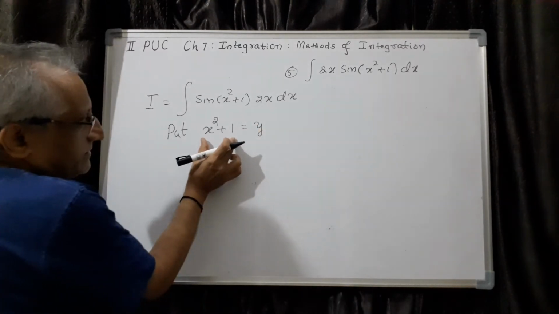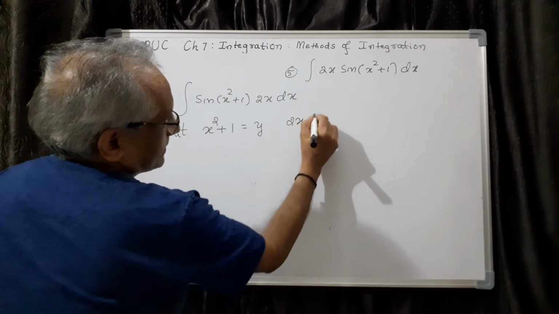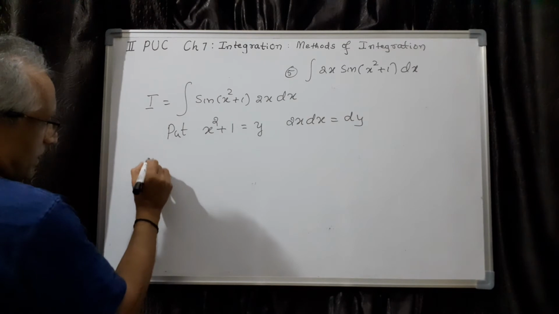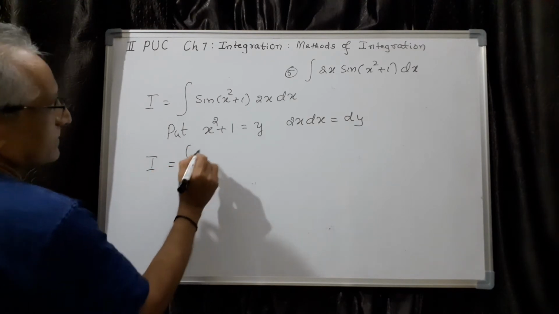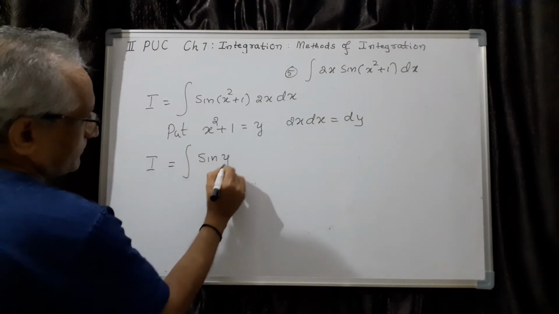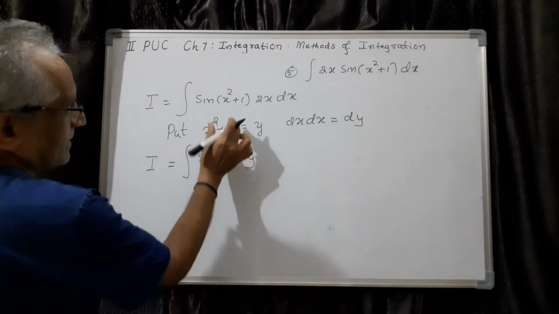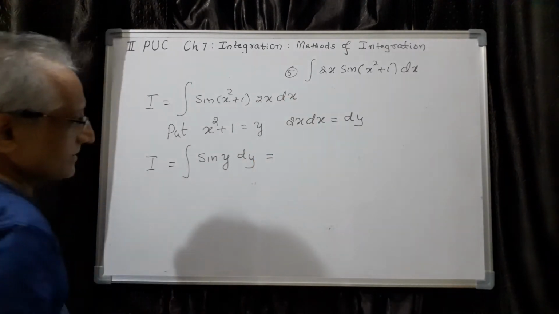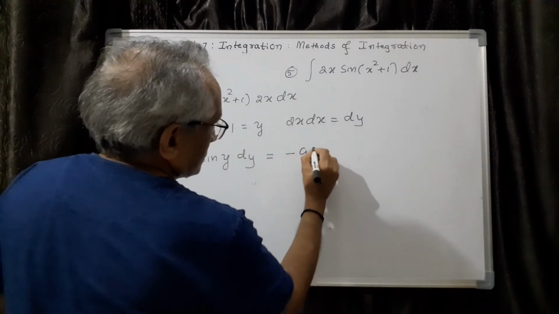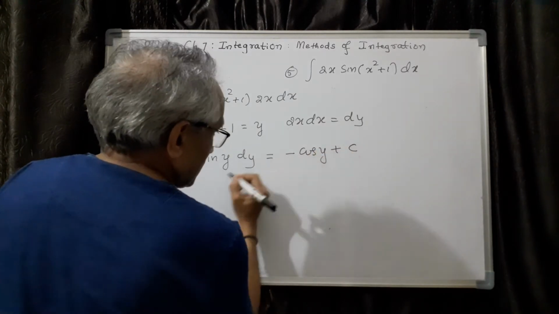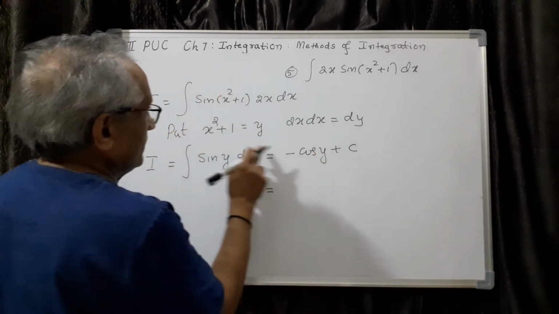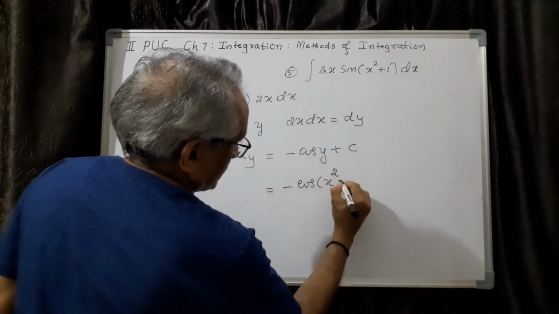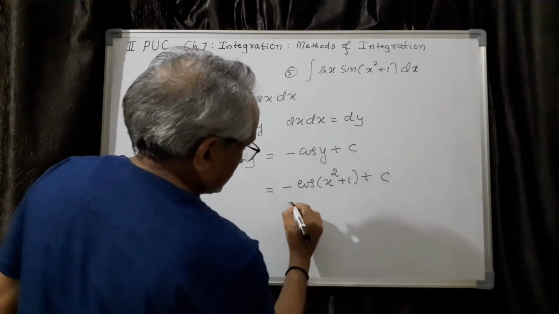So the differentiation of this one is 2x dx, this will be dy. So it is very simple, direct. Therefore I will be equal to integration of sine y dy, direct. So there is no difficulty here. So this is minus cos y plus c. Last step is, of course, you have to replace y by x square plus 1. So minus cos of x square plus 1 plus c. So this is the answer.